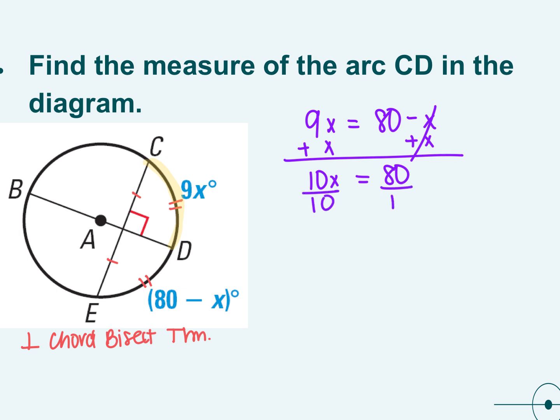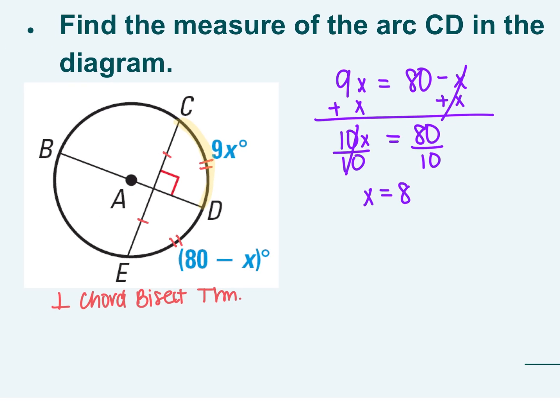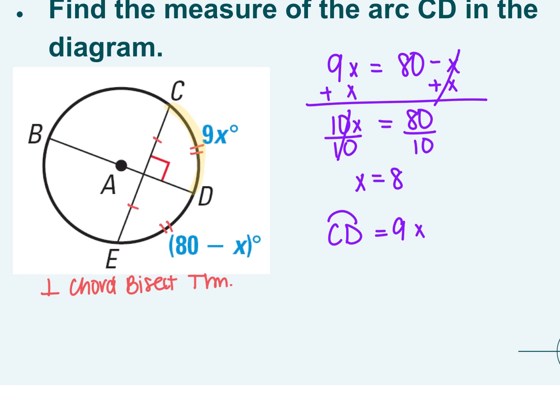Am I done? X equals 8. Is that my answer? This is not my answer. I have to do one more step because they're asking for CD. So now I have to plug it in. If arc CD equals 9 times x, I just plug in 9 times 8, and arc CD is going to equal 72 degrees.